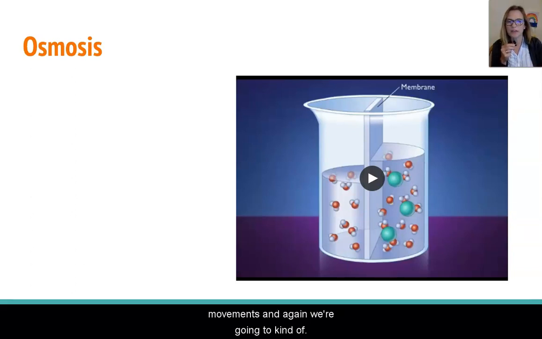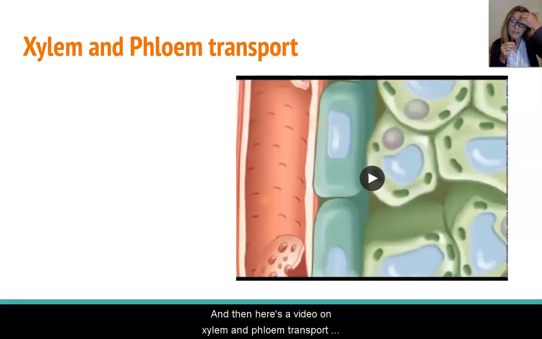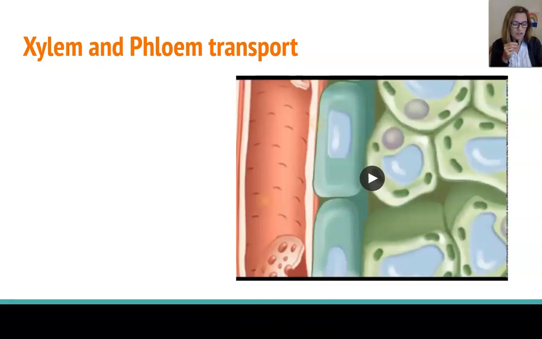And again, we're going to keep this at kind of a high level. We won't get into the nitty-gritty details, but I do want you to be comfortable with these ideas. And then here's a video on xylem and phloem transport in particular, just kind of getting a little more into the specifics of that in the context of diffusion and osmosis.